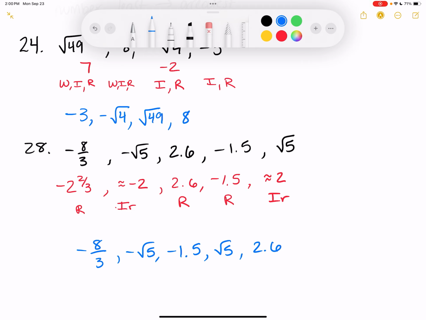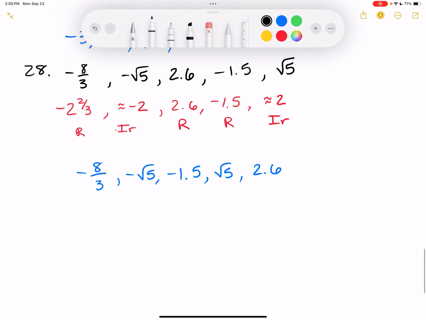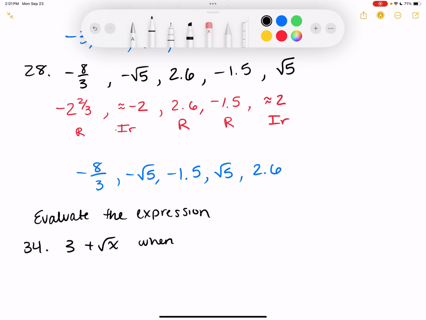All right, evaluate the expression. And these will be the last thing that we're doing in this section, I think. 34. 3 plus the square root of x when x is equal to 9.